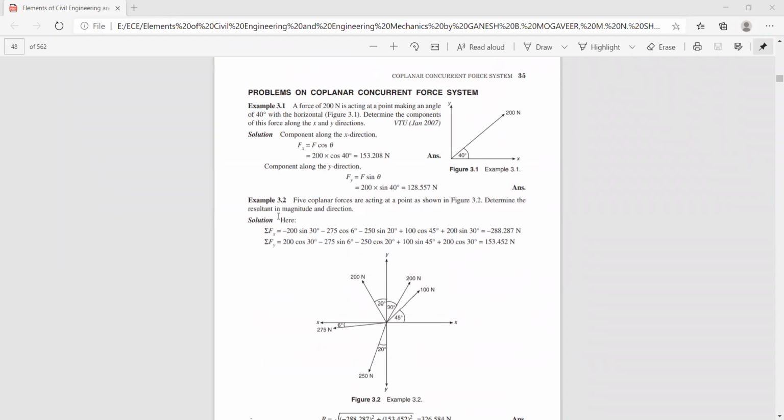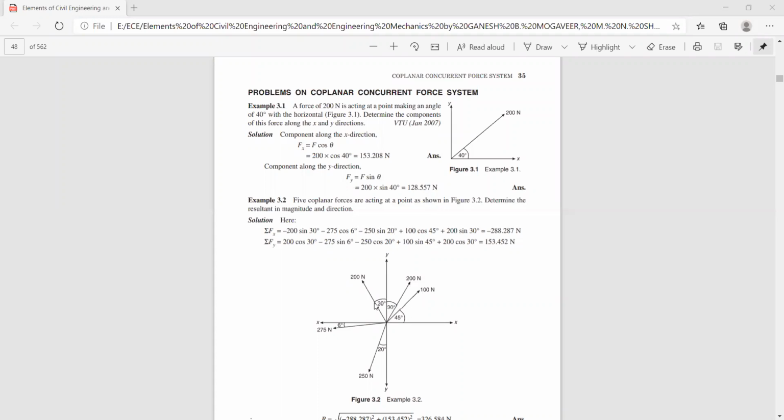Now you can see here, we have nearly 5 forces acting at a point. This one being 100 Newton, which makes an angle of 45 degrees to the x-axis, and again we have a 200 Newton force. Here you can see it is making an angle of 30 degrees with respect to the vertical axis, and here again you have a 200 Newton force.